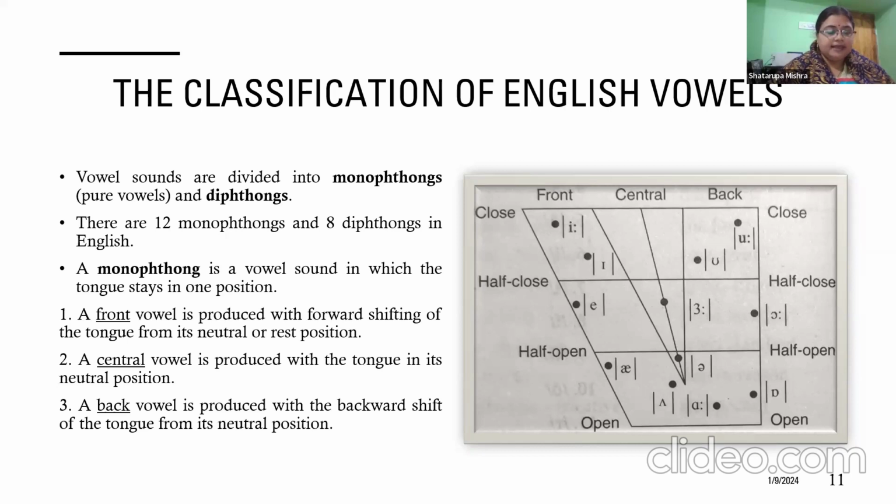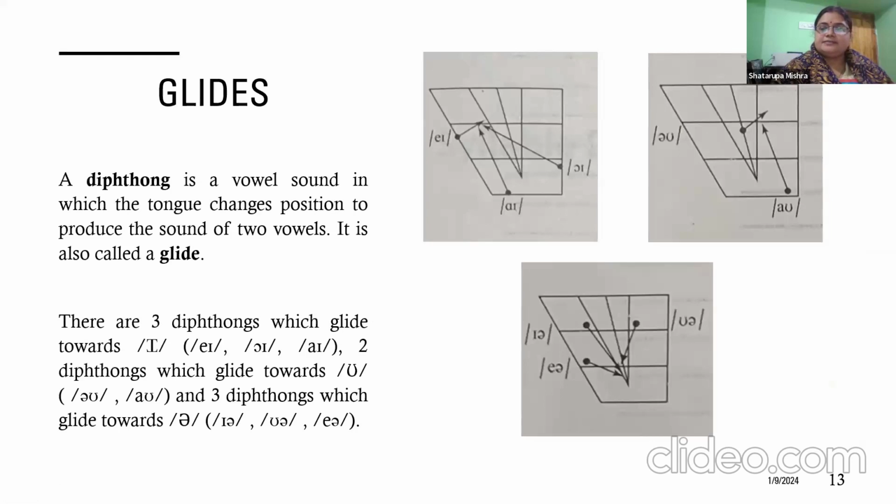So we have described all these monophthongs. All right, now we will just look at these diagrams again, just to keep those symbols in your mind regarding glides, about which direction they move.